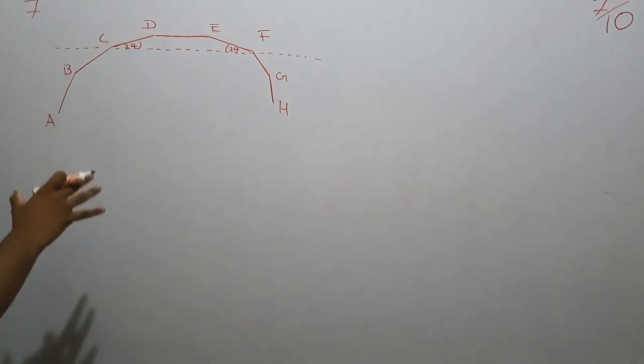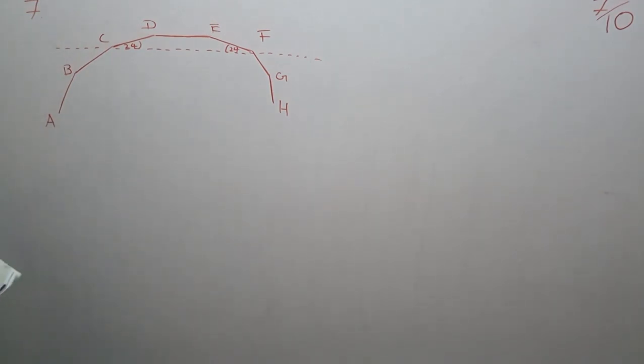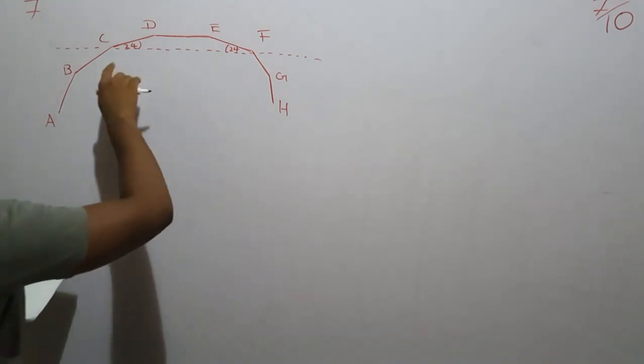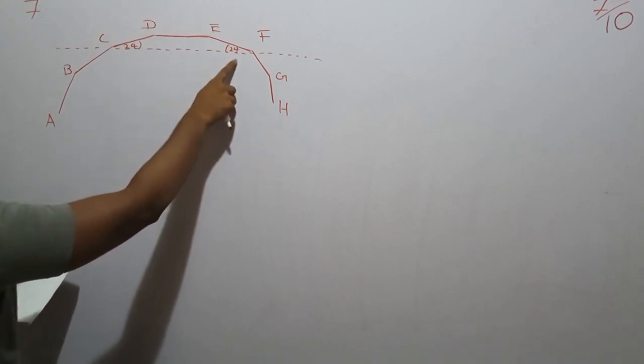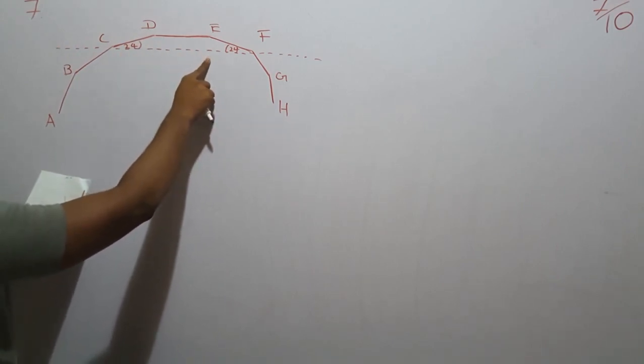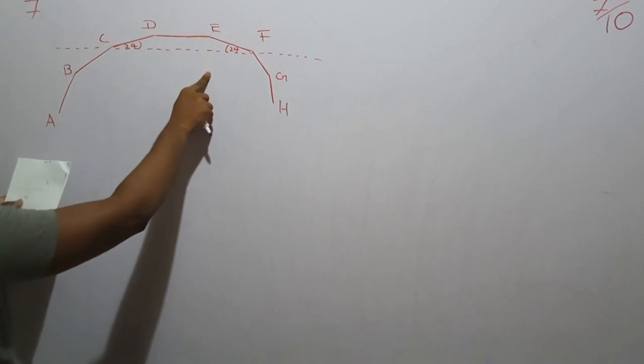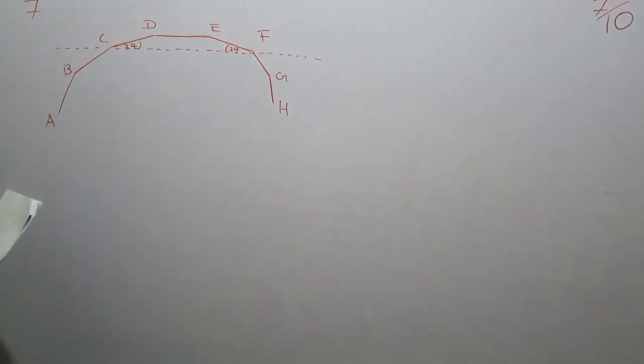I haven't drawn it regularly. So DCF equals 24 and CFE equals 24. Find the n value. Find the number of sides of this polygon.